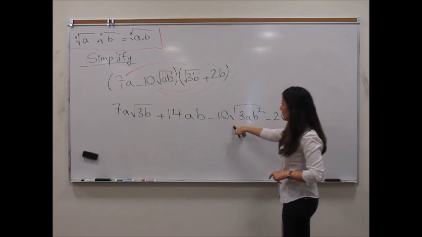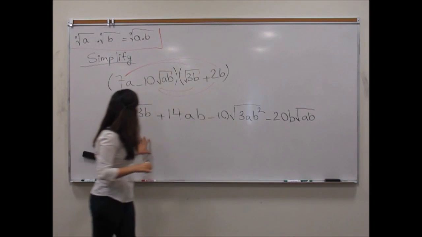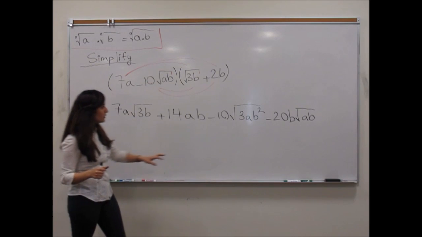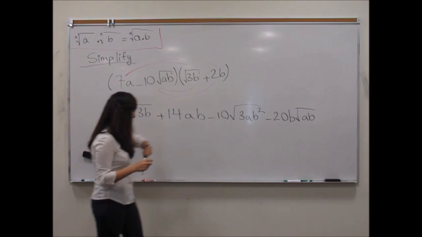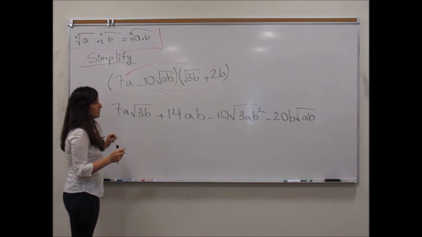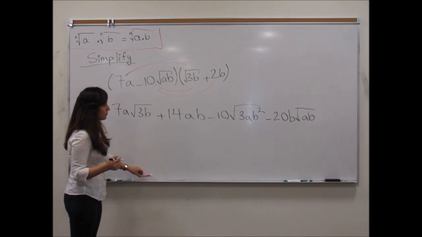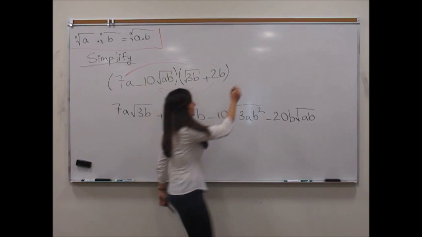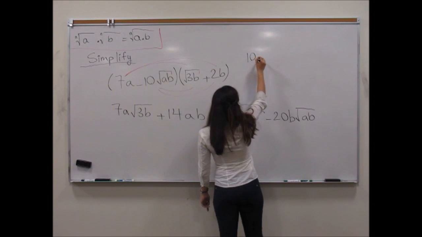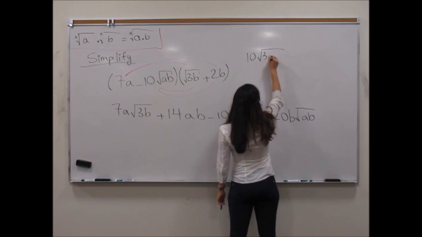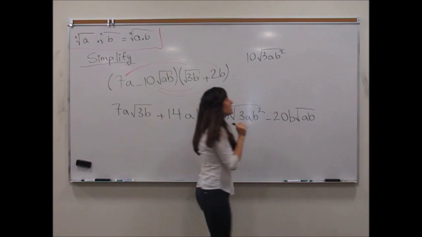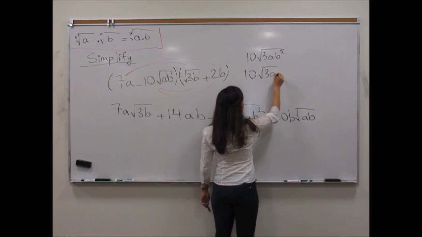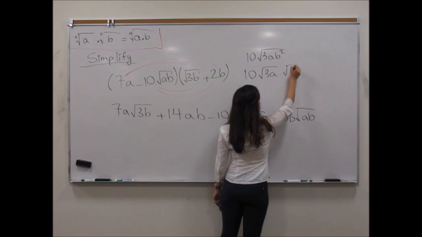Okay, so we don't have any like terms. The only thing that we need to change is this one. We can simplify that. We can write that one as, let me write it here. So I have 10 rad 3ab squared. I can rewrite this as 10 rad 3a times rad b squared.